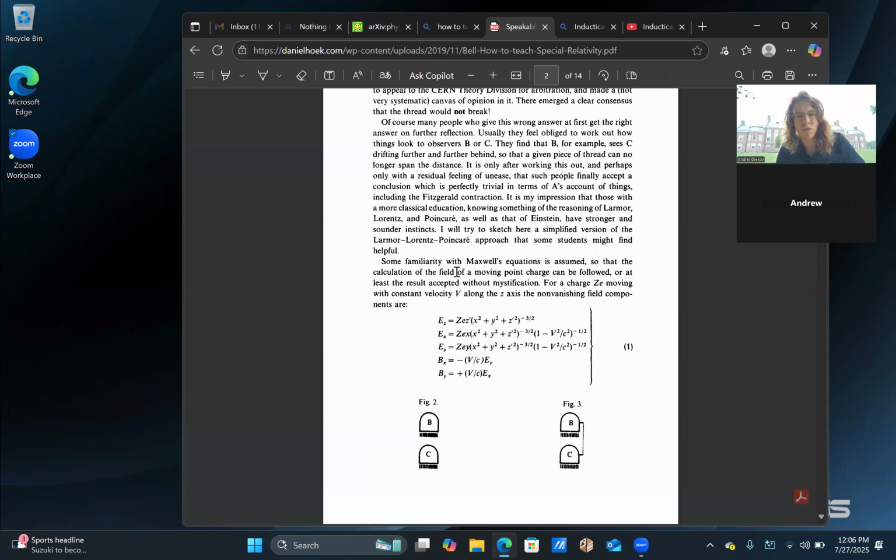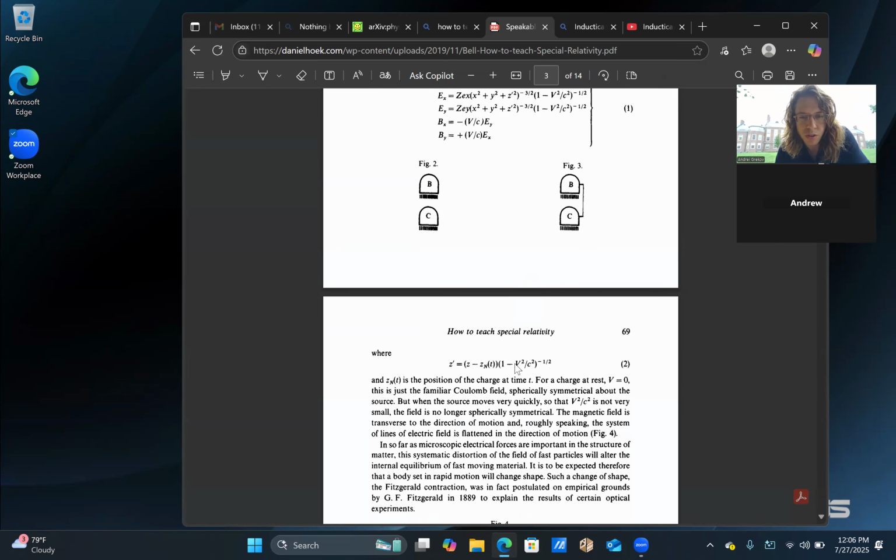And he asked the question, okay, if the charge starts to move, how does this field look? And he says, if you are just good enough in solving the Maxwell equations, you can do it, right? Here's the answer. It's for a charge moving in direction z.